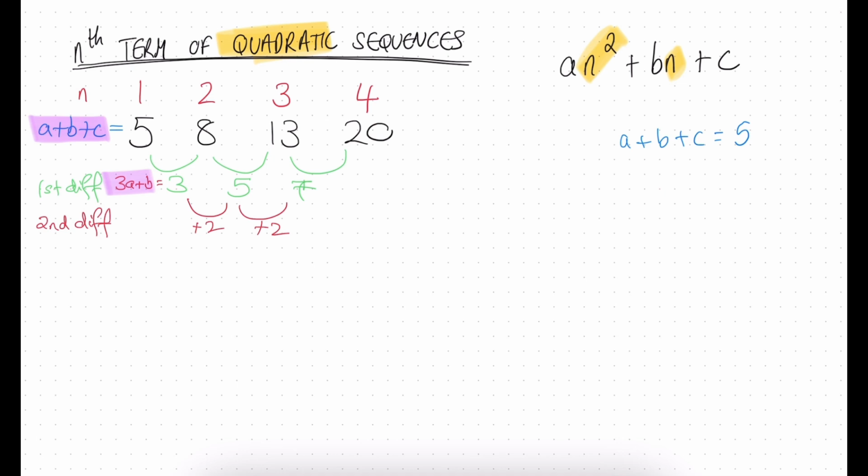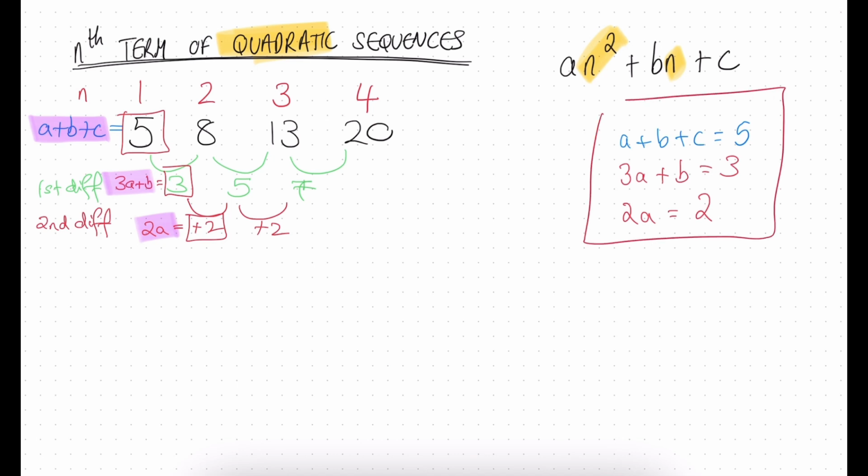Now the third row, you have to write as 2a equals this. So if I can now write out all of the formulas that we've just created, looking at the first numbers each time in each row, the 5, the 3, and then the plus 2, on the right hand side you can see I've created a bunch of formulas.